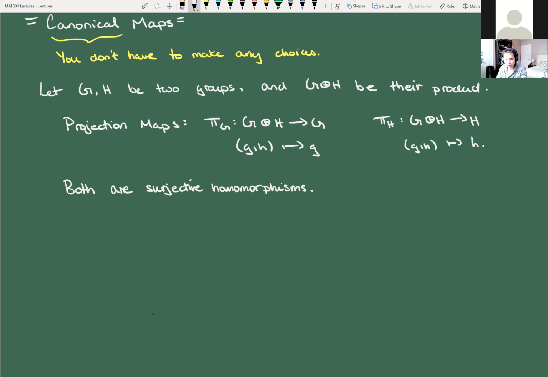This gives us a nice first result. Let's look at the kernel of one of these maps. The kernel of pi G is the collection of all elements (g, h) in G plus H such that g is equal to the identity.